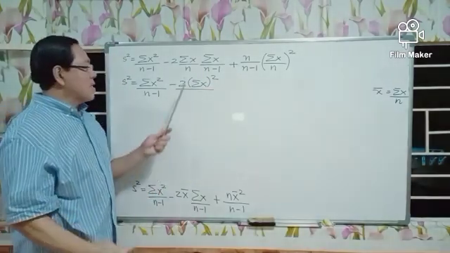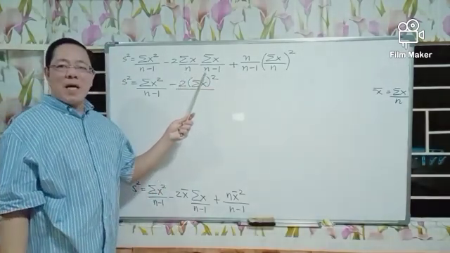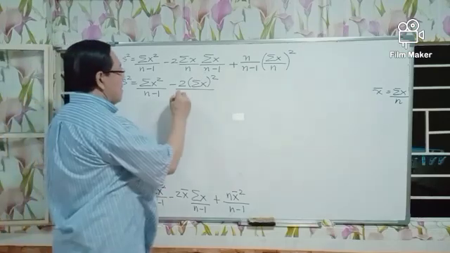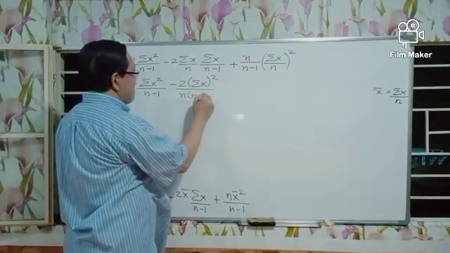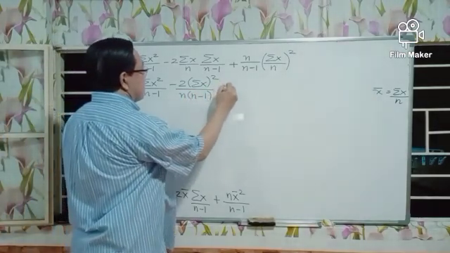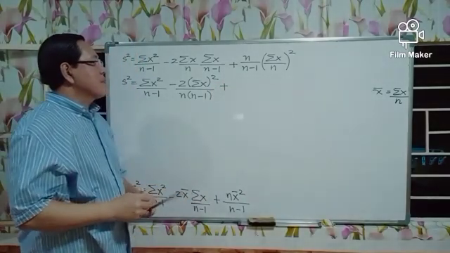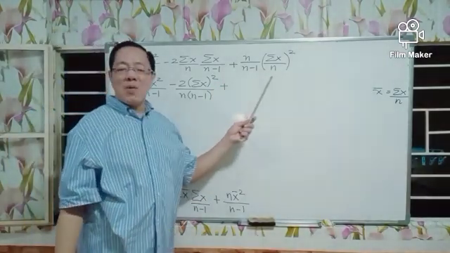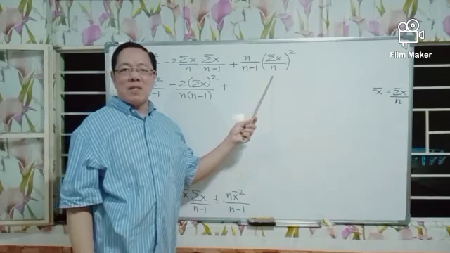We multiply the denominators, n times n minus 1. In the last term, we apply one of the properties of exponents.